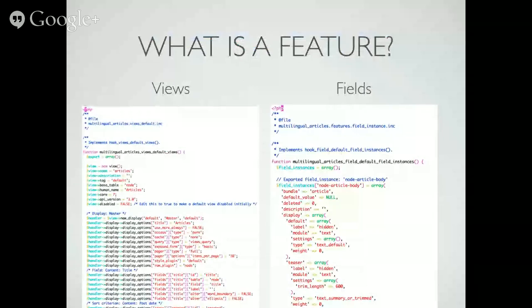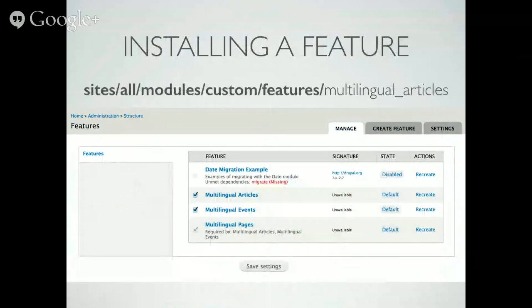Okay, sorry about that. So we have this feature that we've downloaded, and as I said, you can install it just like you would install a module. So normally if you install a module, you're probably going to put it in your site under sites/all/modules. You might want to keep your features in a subfolder just to keep them all organized, but you don't have to.